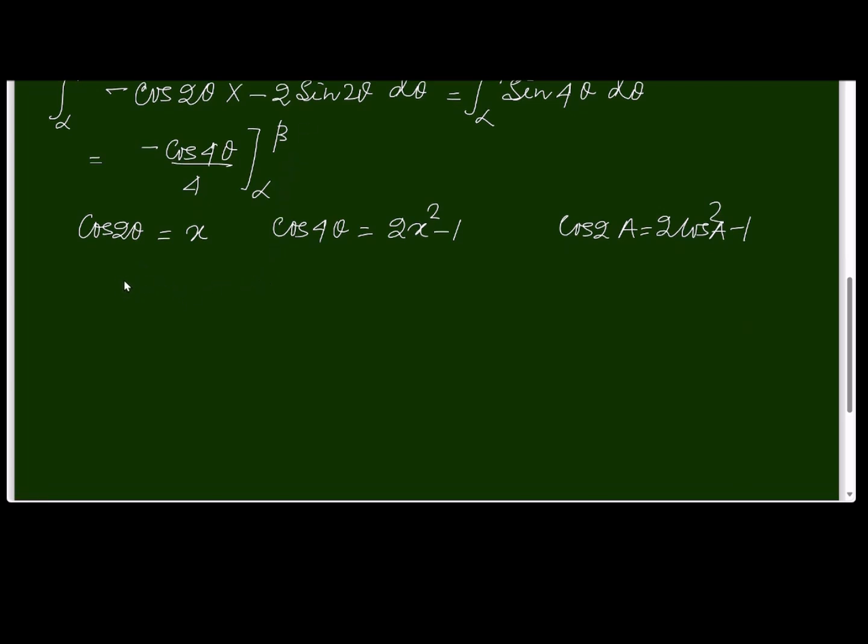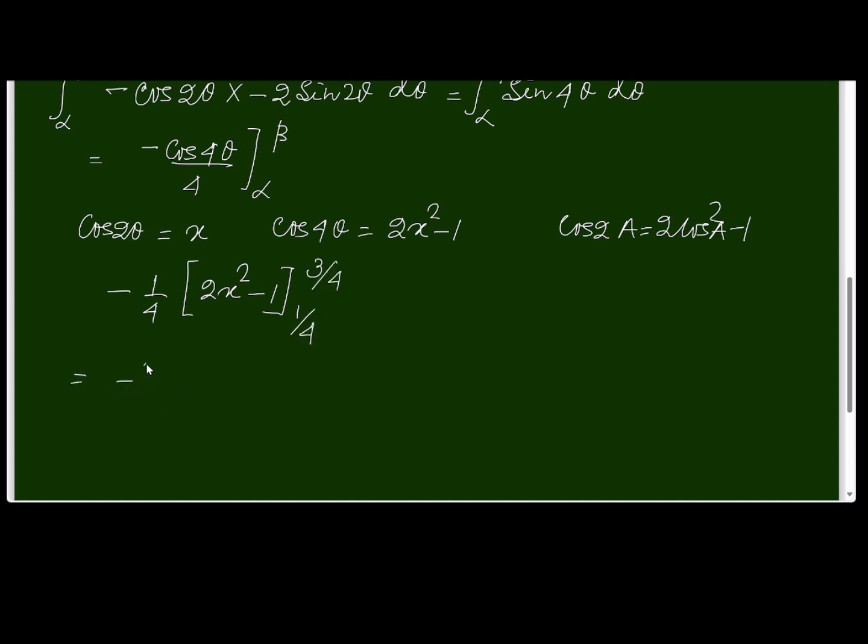So it will become minus 1 by 4 times (2x square minus 1). I'll get back to the limits 1 by 4 and 3 by 4.